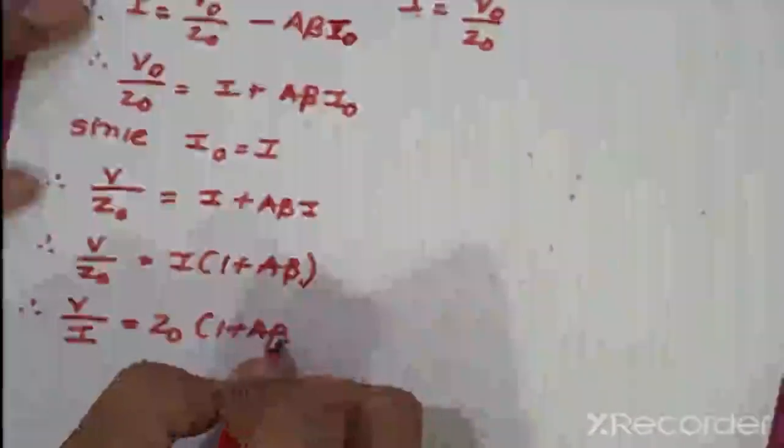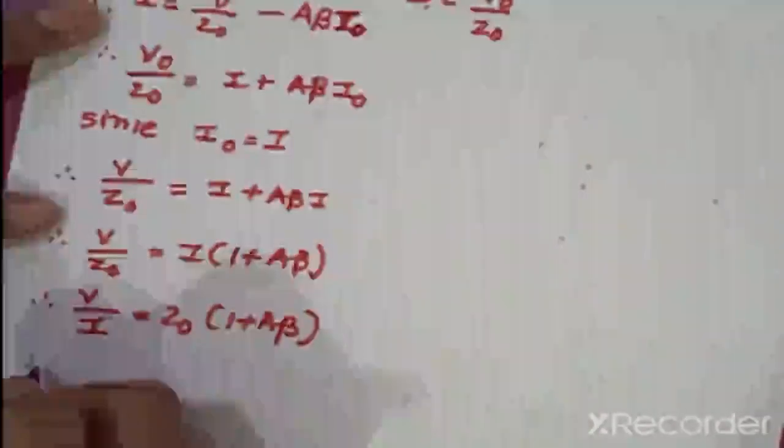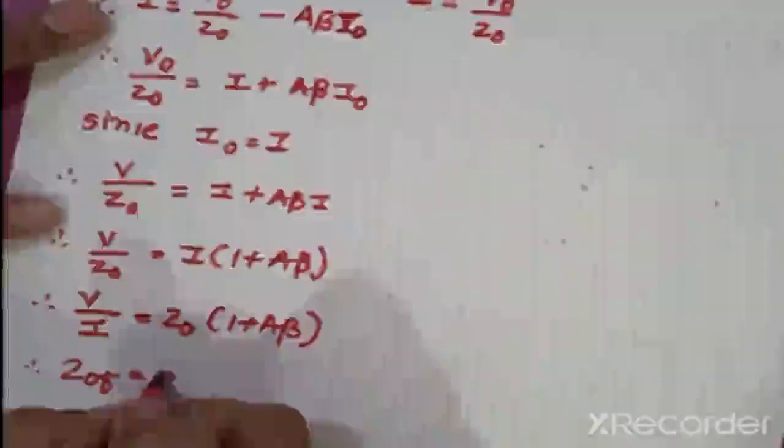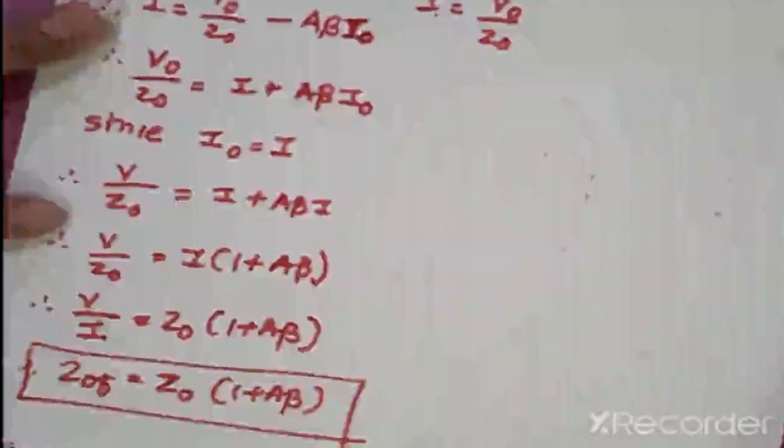We can write this equation as V upon I equal to Zo into 1 plus A beta, and V upon I is the equation of impedance. So we write Zof, the output impedance of the circuit with feedback, is equal to Zo into 1 plus A beta.